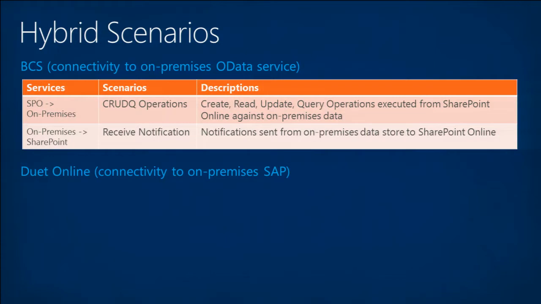One where SharePoint Online is pulling data from on-premises, so that's the direction of SharePoint Online making a call to an on-premises system and getting something back. And for BCS, the second scenario is in the other direction, where somebody is sending a notification to SharePoint Online, and that's through the new BCS eventing channel that we added in this release. And that's in the reverse direction. So that's the two BCS scenarios at a high level.